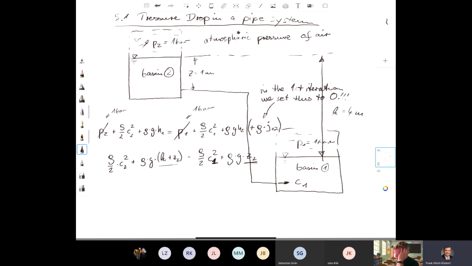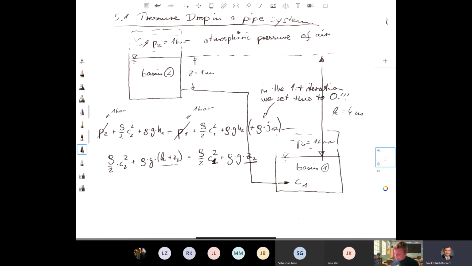Or we do it in a different way. First we say the velocity is really small. Okay, it has the same difference. Okay. So okay, first we say we estimate.